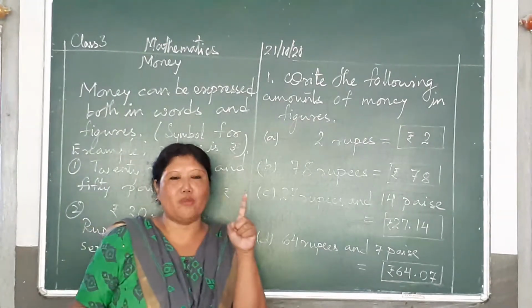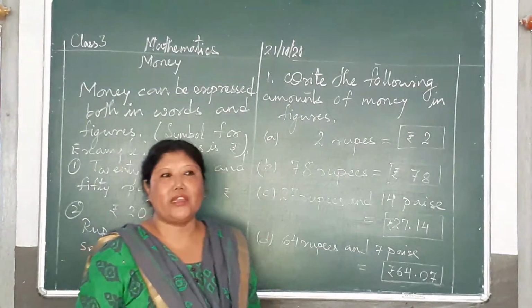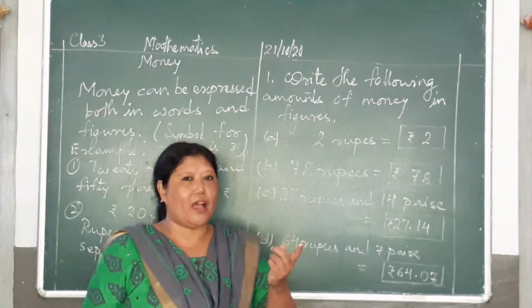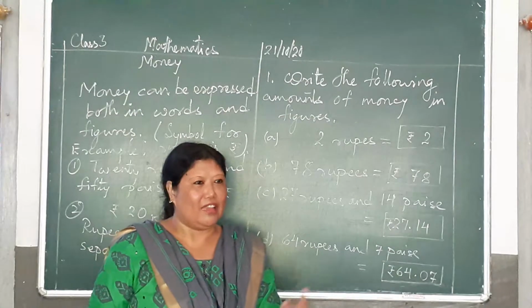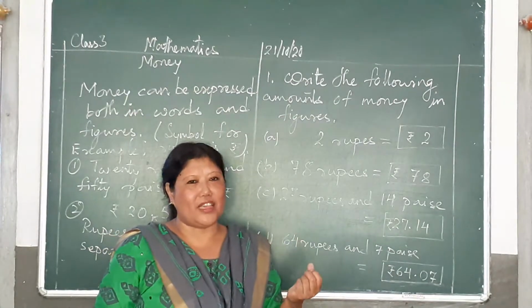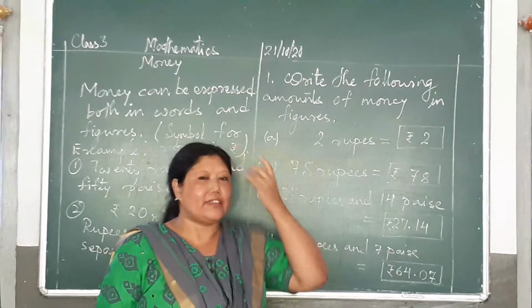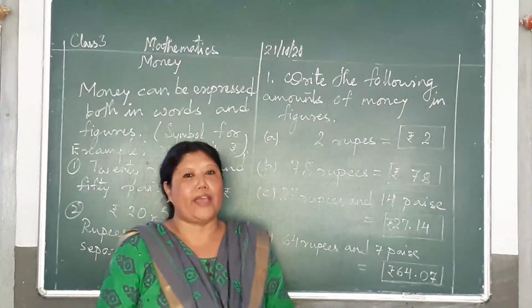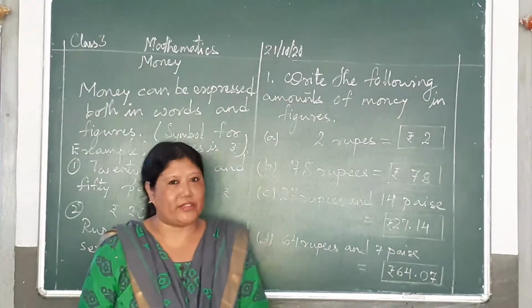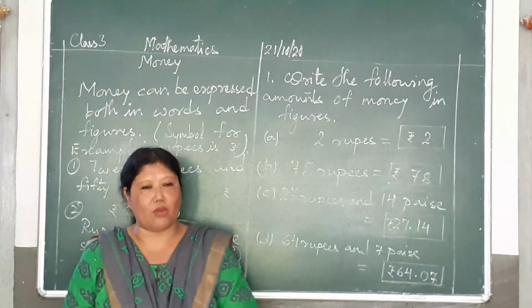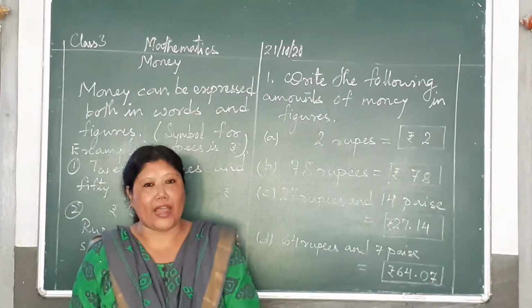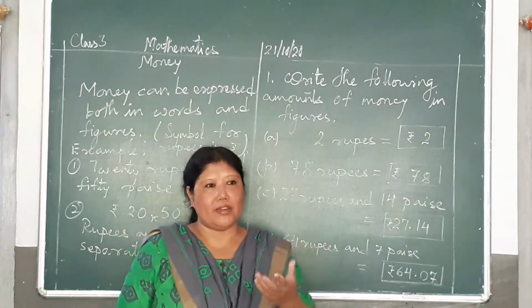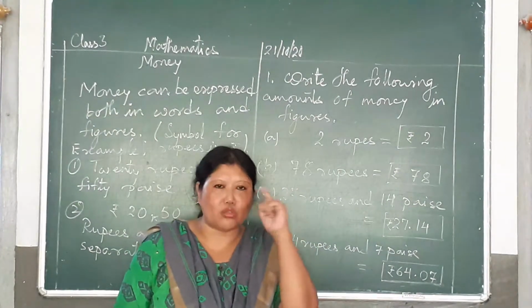Because 1 rupee means 100 paisa. 1 paisa, I also didn't see. In olden days, they used 1 paisa. If you gather 1 paisa, 2 paisa, up to 100 times, then it will be 1 rupee. Now you don't use that, but you should know it.